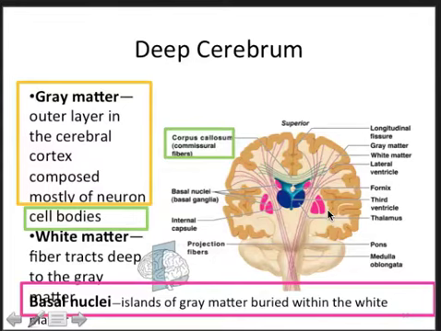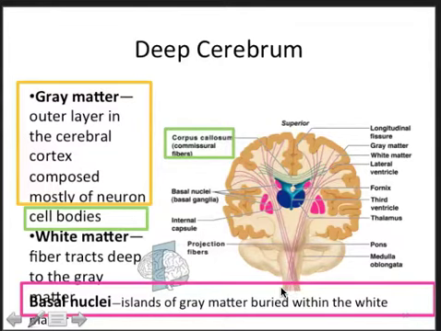ultimately to the effectors. So here, if we look, we can see commissural tracts that carry information between the two hemispheres of the brain, and then projection tracts that carry information from the brain down to the brainstem, the cerebellum, and the spinal cord. Notice that they cross here at the level of the medulla oblongata, so the right half of the brain controls the left half of the body and vice versa, and the same is true for sensory information.